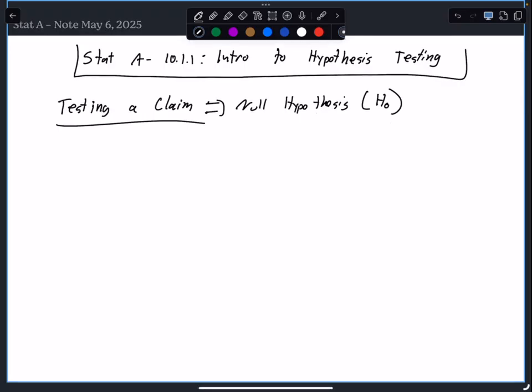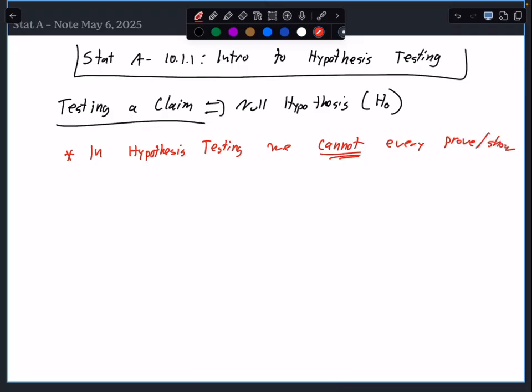Now, it's important to note that in hypothesis testing, we cannot ever prove or show that a null hypothesis, H0, is true. All right, you can never do that.